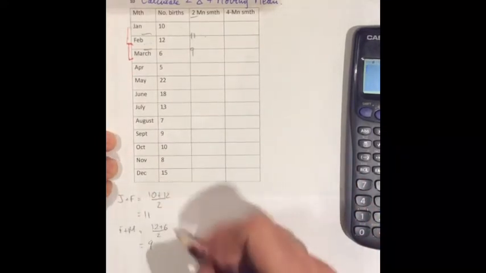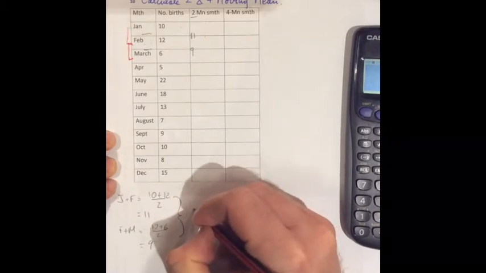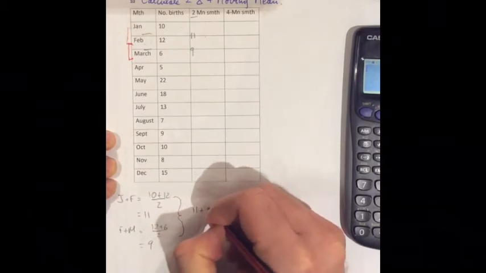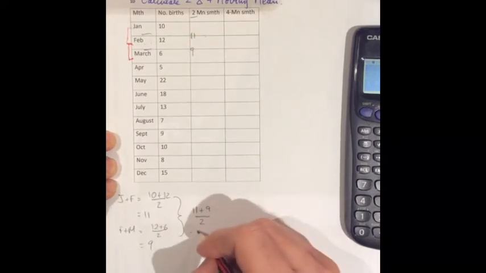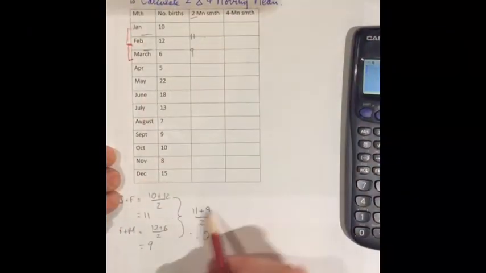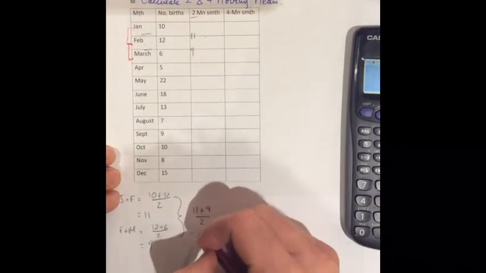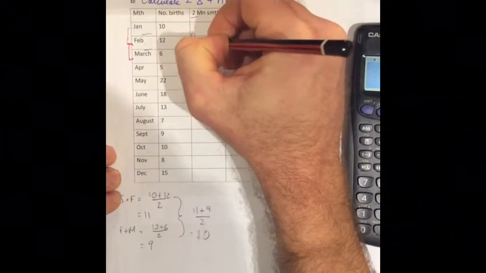So the mean of these two is 11 plus 9, which is 20, divided by 2 is 10. So that value there is 10. All right, and we keep going like that all the way down.